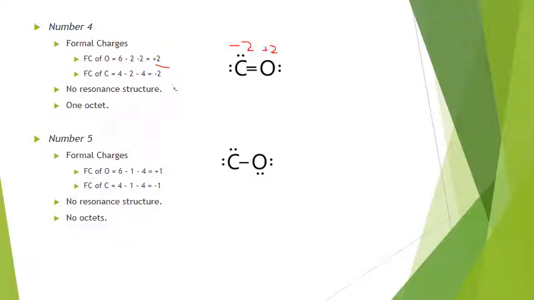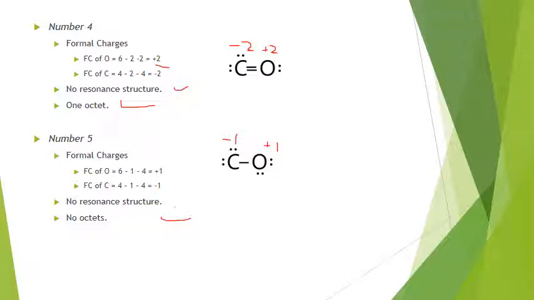No resonance structure, and 1 octet. And finally the last one, plus 1 on the oxygen, 6 minus 1 dash and 4 dots, and carbon, 4 minus 1 dash, no resonance, and no octet.